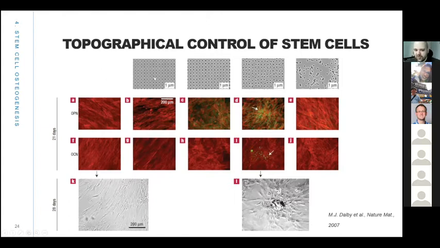So even very small changes in the topography of 20, 50 nanometers have a drastic effect on how cells respond. And the conclusion was that cells exert tensional forces, and they're dictated by the availability of these nanopits which they can bind.